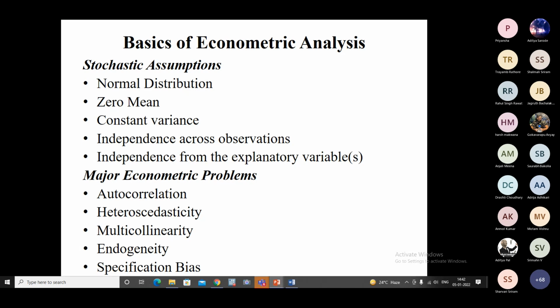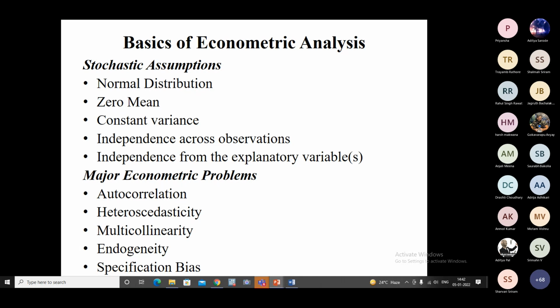So if Ui is normally distributed, then Yi will be normally distributed, and then the estimated coefficients will also be normally distributed. I will show you the entire mathematical derivation. So if Ui is not normally distributed, then Yi is not normally distributed.